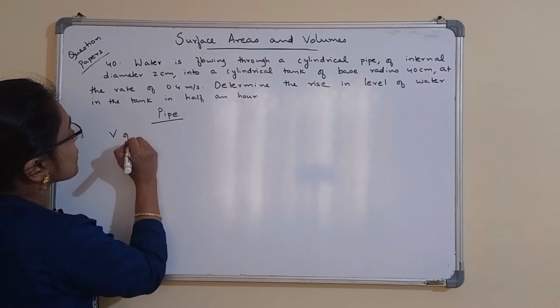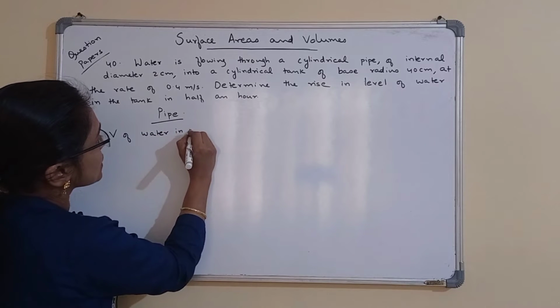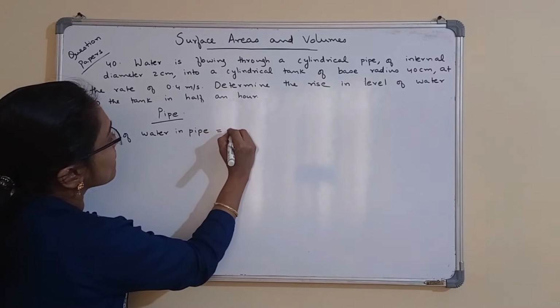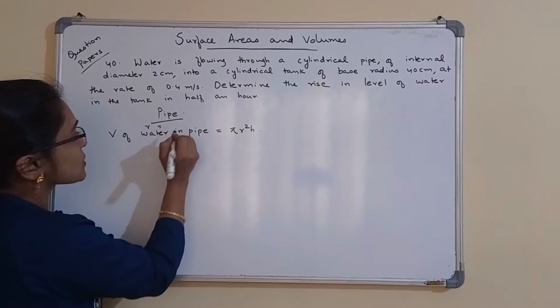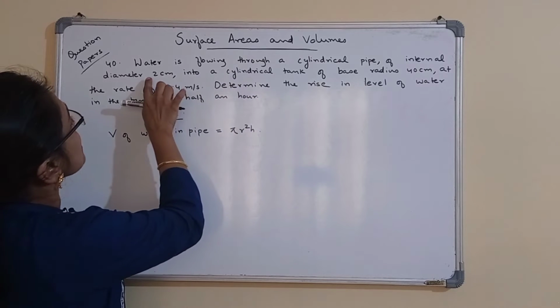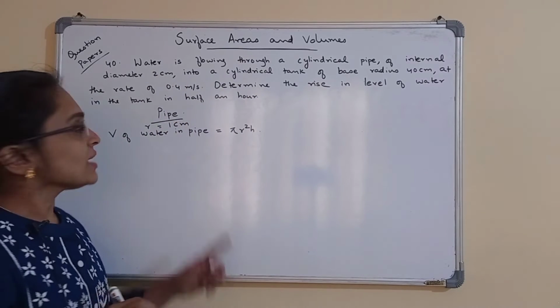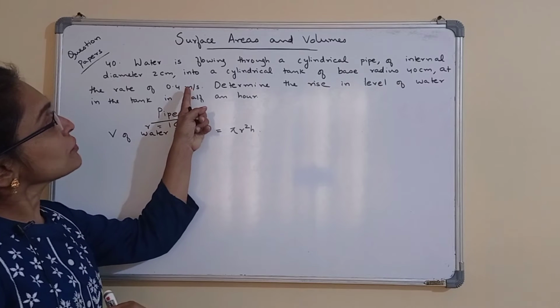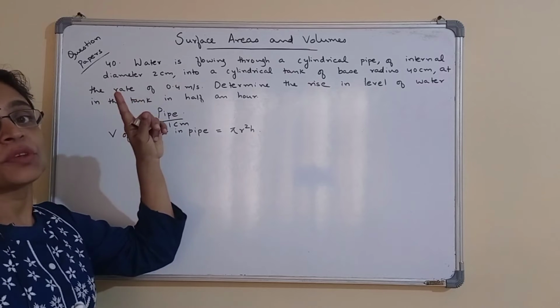Volume of water in pipe is equal to pi r square h, where r is the radius of this pipe. R is 2 by 2, which is 1 centimeter, and height is 0.4 meter per second, right? Rate is 0.4 meter per second.